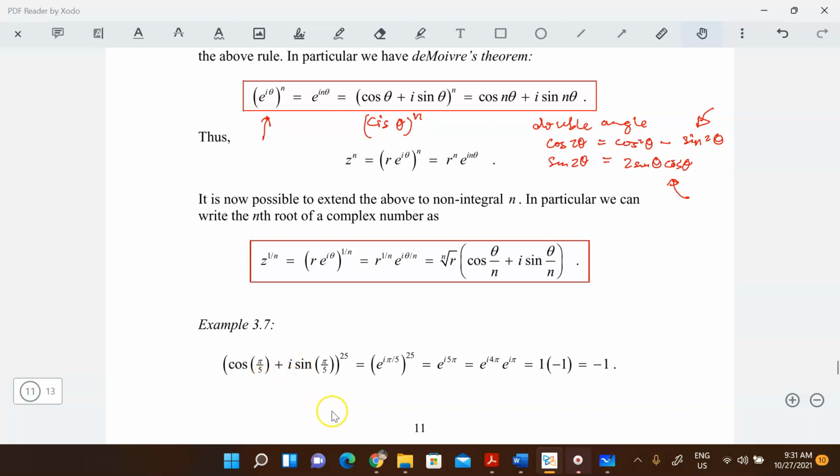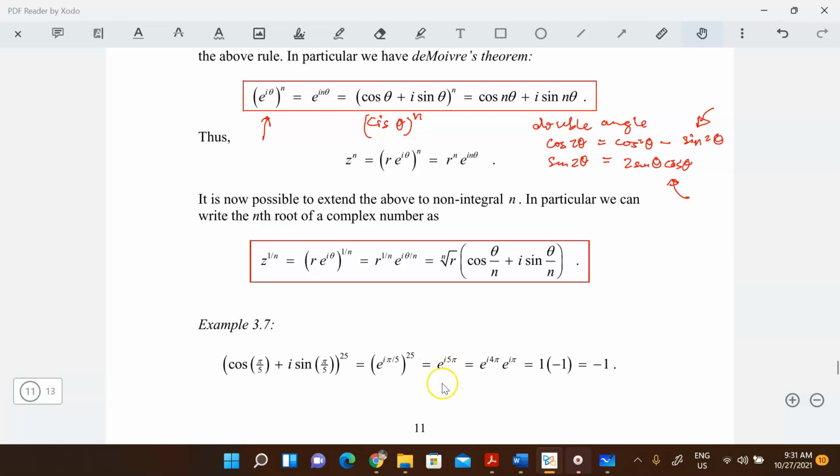When you take power 25, then pi in terms of exponential will be multiplied by 25, and then you get exponential I 25 pi.